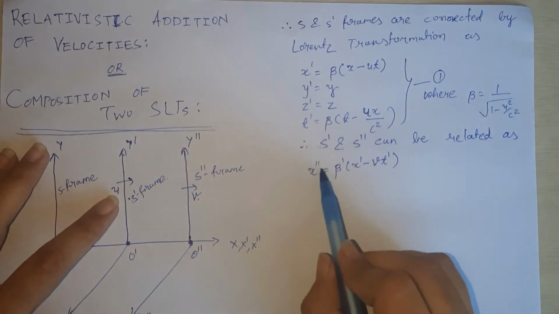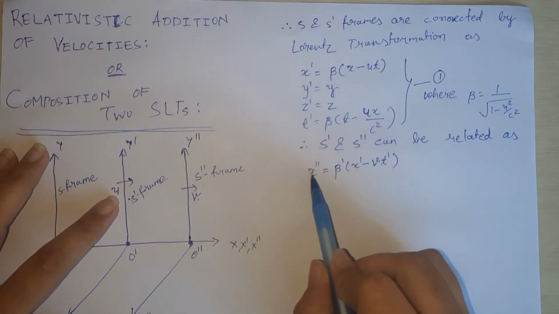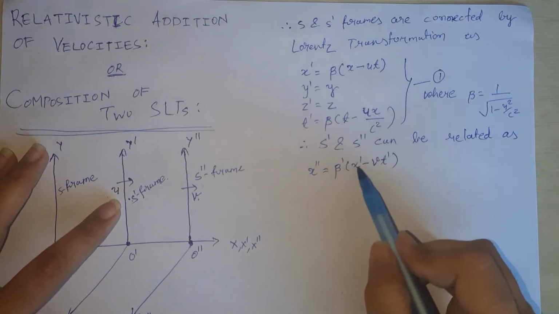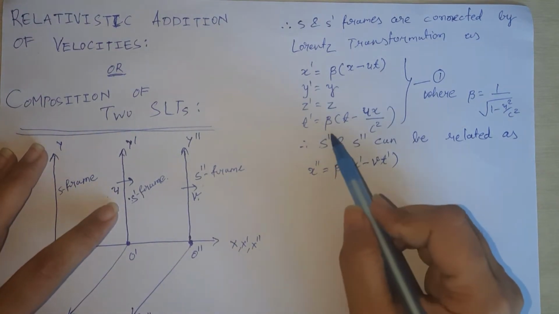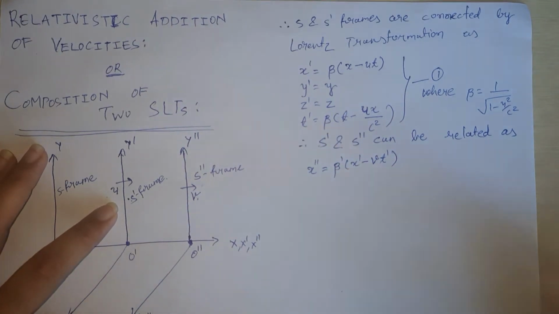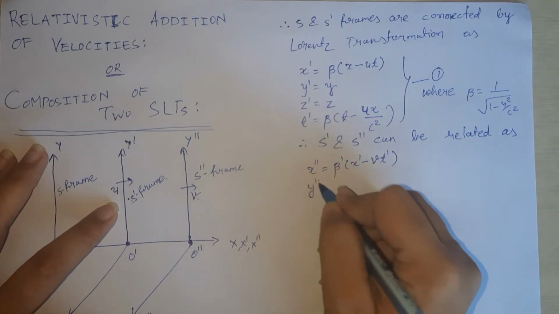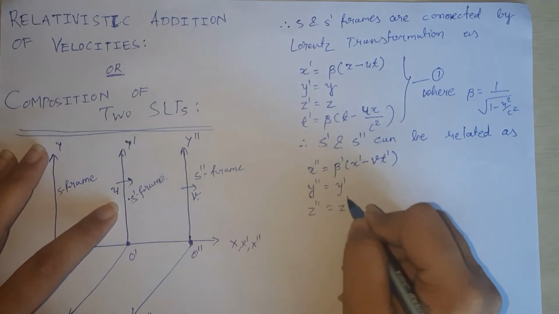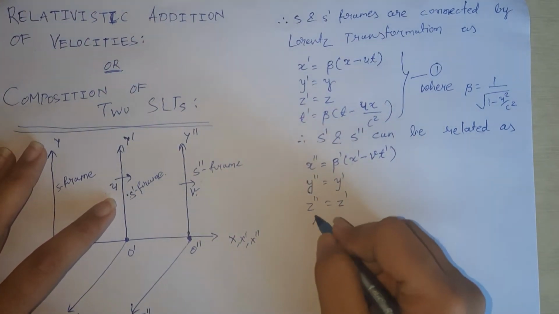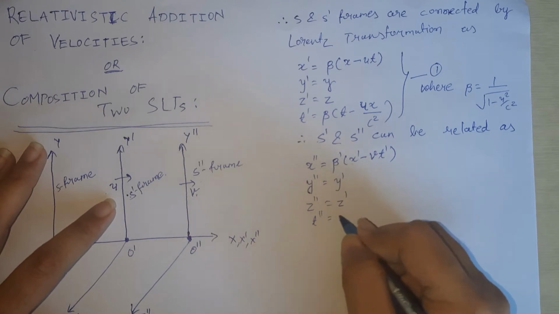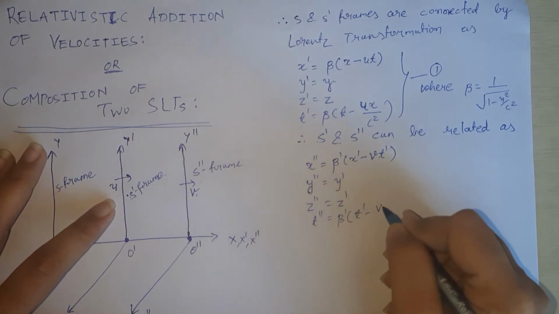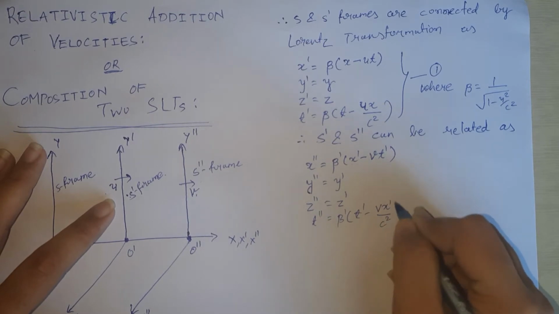So y double dash is equal to y dash, z double dash is equal to z dash, and t double dash is equal to beta dash into t dash minus vx dash upon c square.